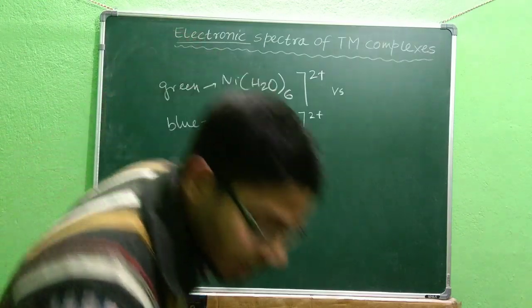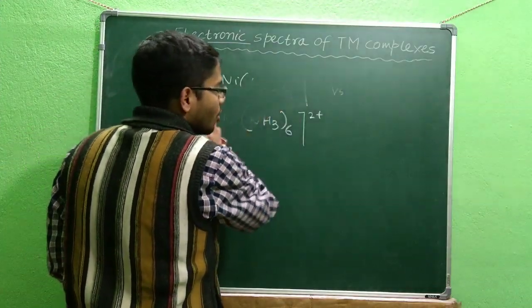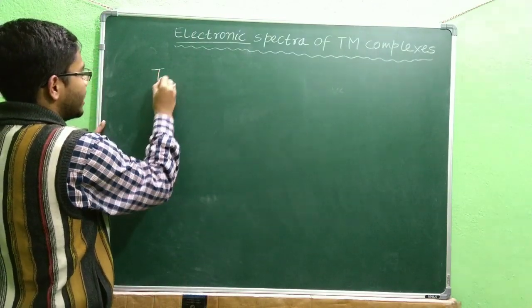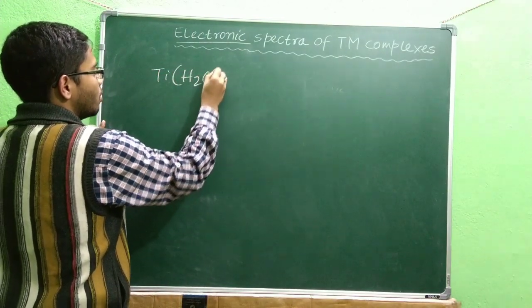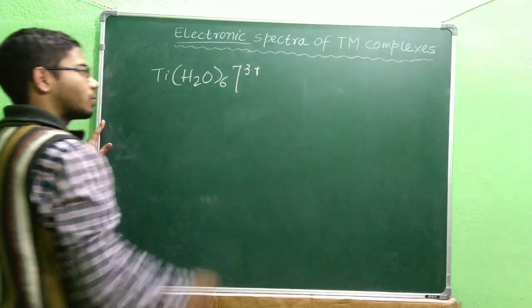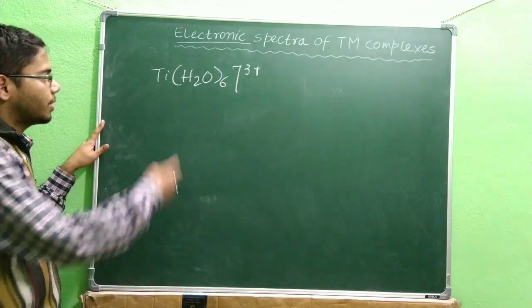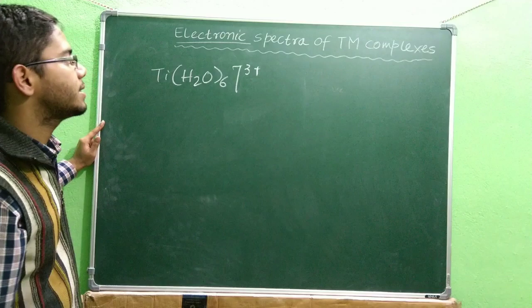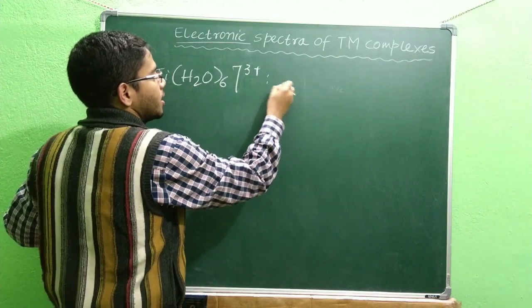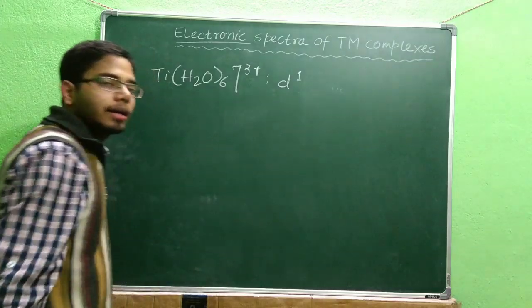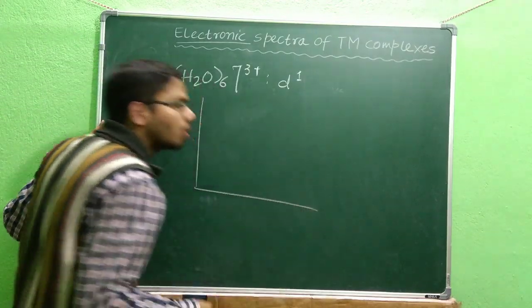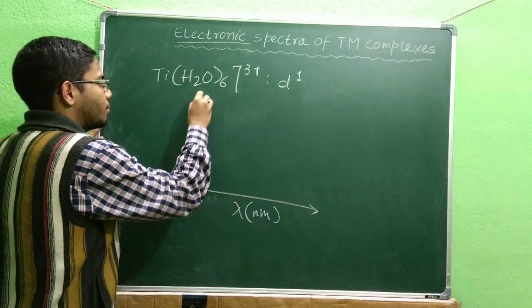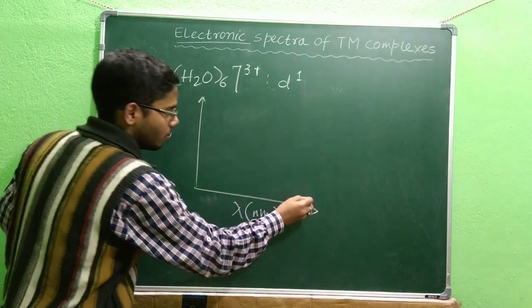Now let me tell you a very popular textbook example, which is [Ti(H2O)6]3+, hexaaqua titanium(III). It is basically a d1 system, and if you record its UV-visible spectrum, you will see one hump.